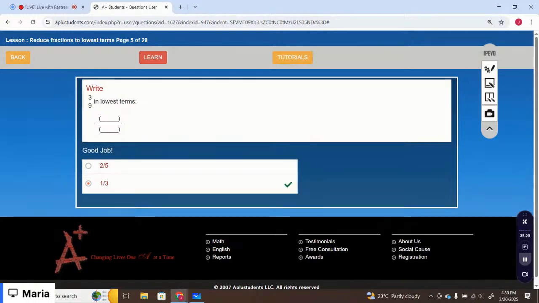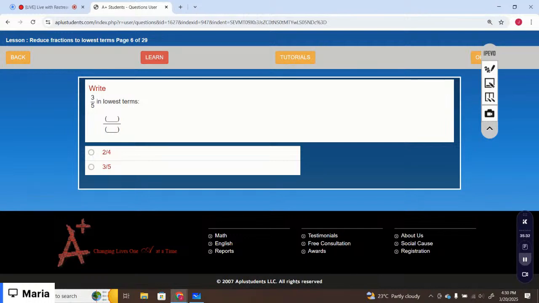Option number 2 is the correct option. 3 by 5 in lowest terms, which is the correct option? That is already in the lowest form, right? Just write it as it is. That is 3 by 5.